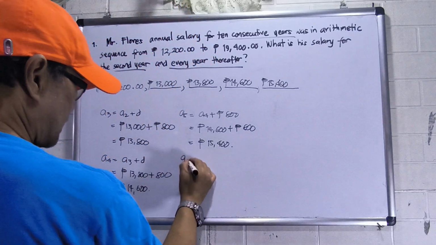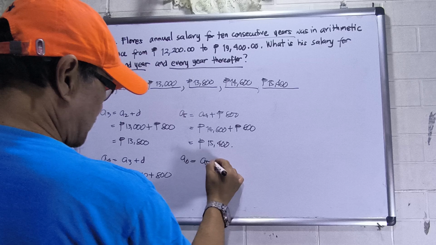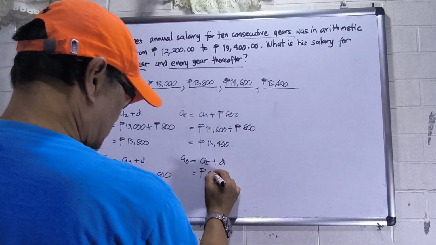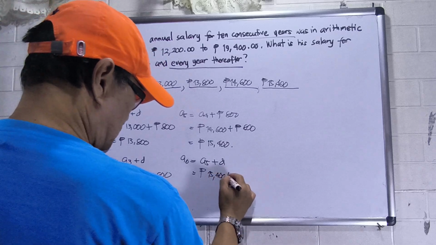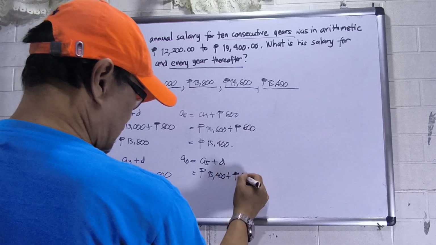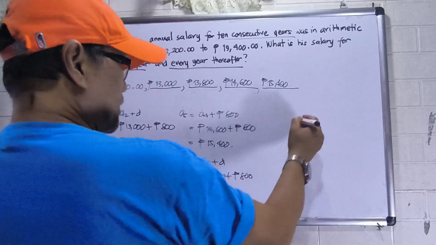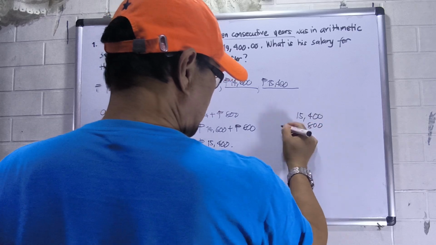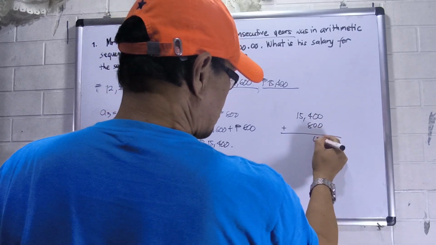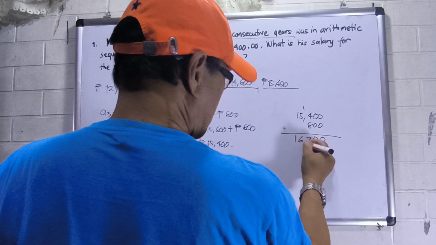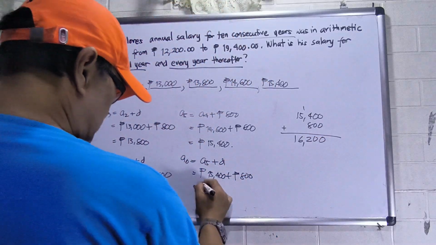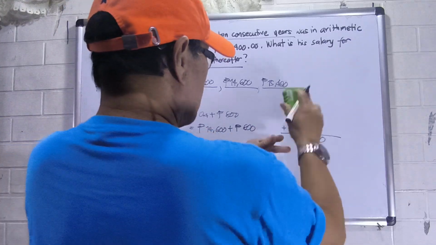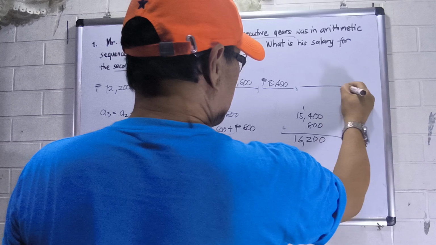Next, A6. A6 is A5 plus D. A5 is 15,400 plus D, which is 800 pesos. So 15,400 plus 800 is 16,200.